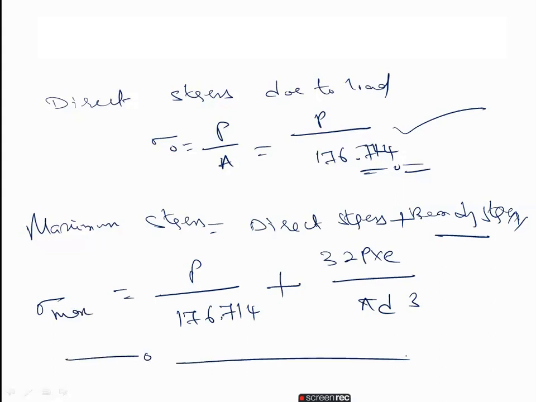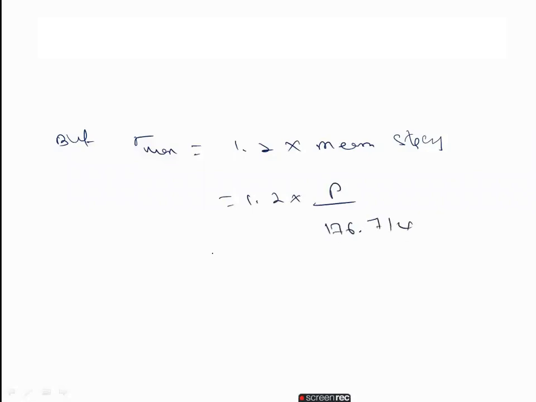But the sigma max they gave in the problem is 1.2 times the mean stress. So what happens? 1.2 times P by 176.714. Mean stress is nothing but the direct stress only.